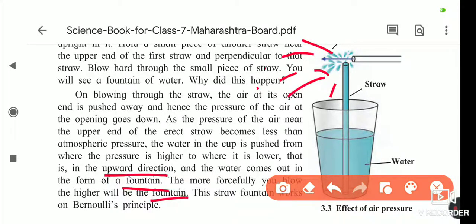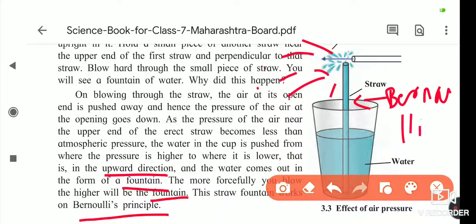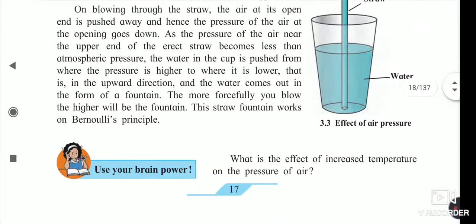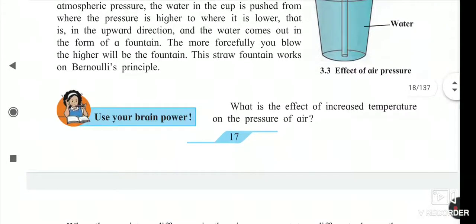The straw fountain works on Bernoulli's principle, and this is called Bernoulli's principle.